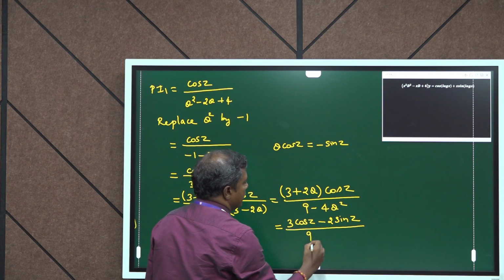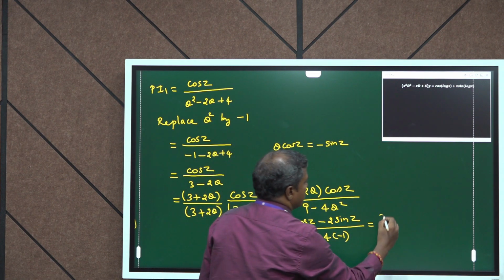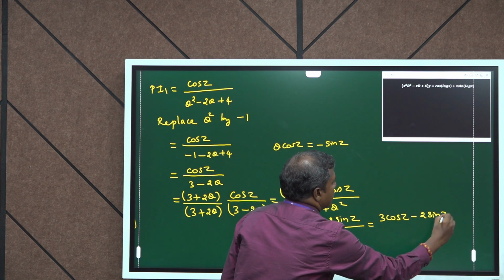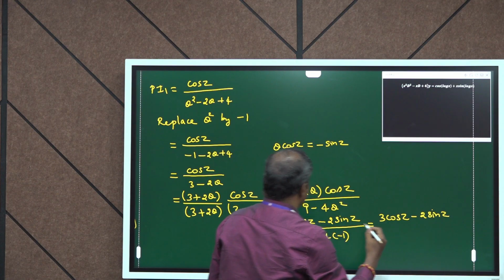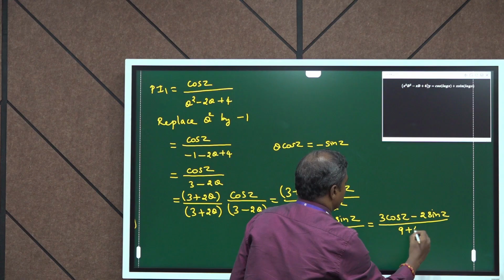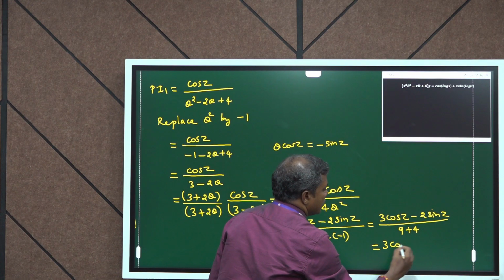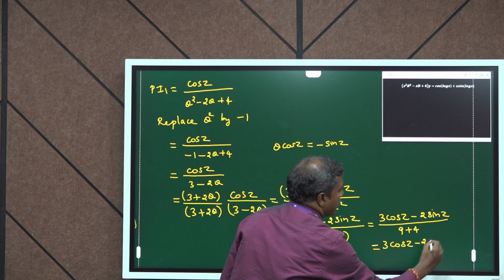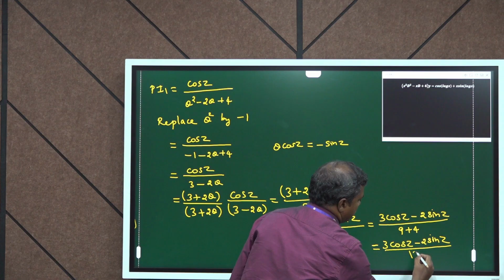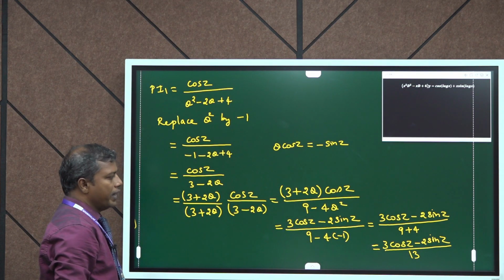Here 9 minus 4 into theta square, which is minus 1, so I get 9 plus 4, that is 13. So, finally, we have 3 cos z minus 2 sin z by 13. So, this is our PI1.